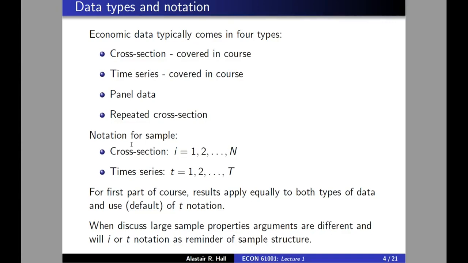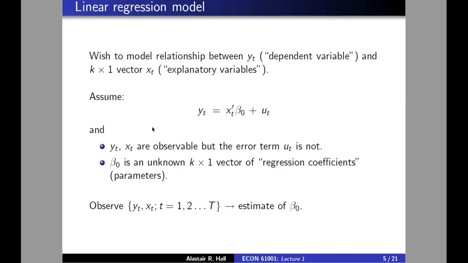To conclude this video, we introduce the generic notation for our model. The dependent variable is going to be denoted by y sub t, that's the tth observation on the variable y. The explanatory variables are collected together in a vector x sub t. The number of explanatory variables will be denoted by k, so x_t is a k by 1 vector. u_t is going to denote our error term, and beta 0 is our vector of unknown regression coefficients.